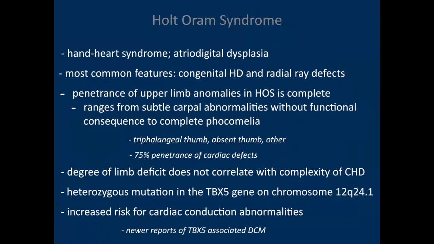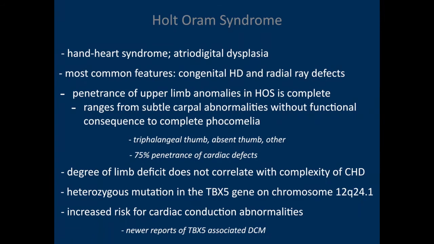So you can have somebody who you have not diagnosed with Holt-Oram syndrome, but who can have a child with significant structural abnormalities owing to greater penetrance of the disorder. So we're looking at minor defects that can range from things like triphalangeal thumb to more significant limb abnormalities, including complete phocomelia.